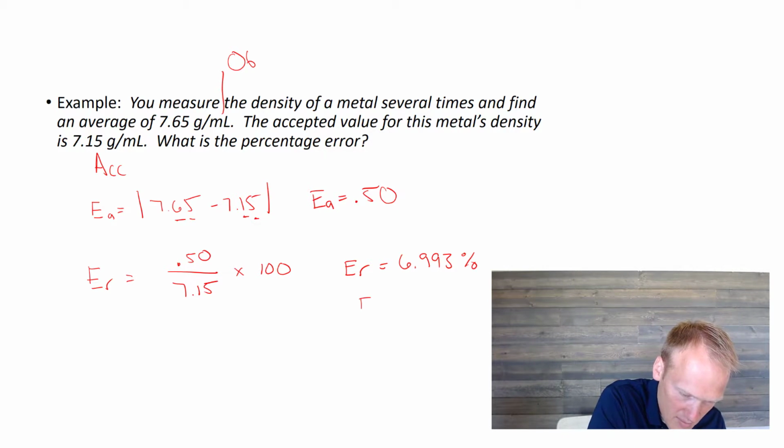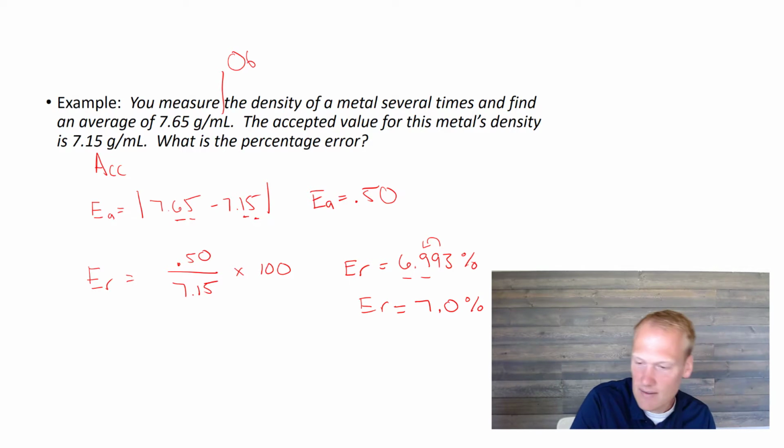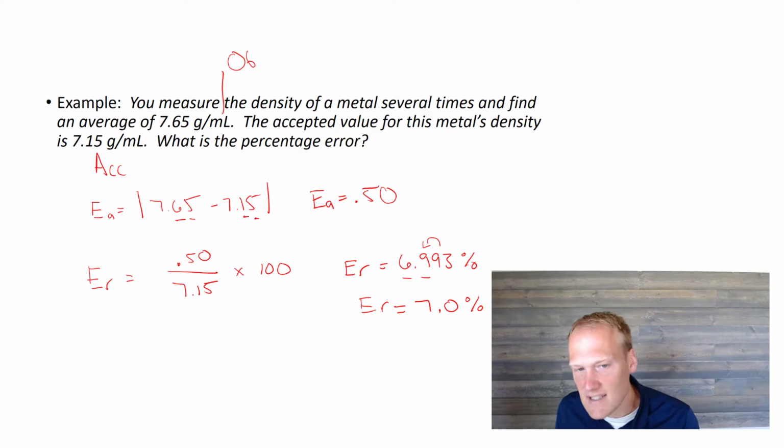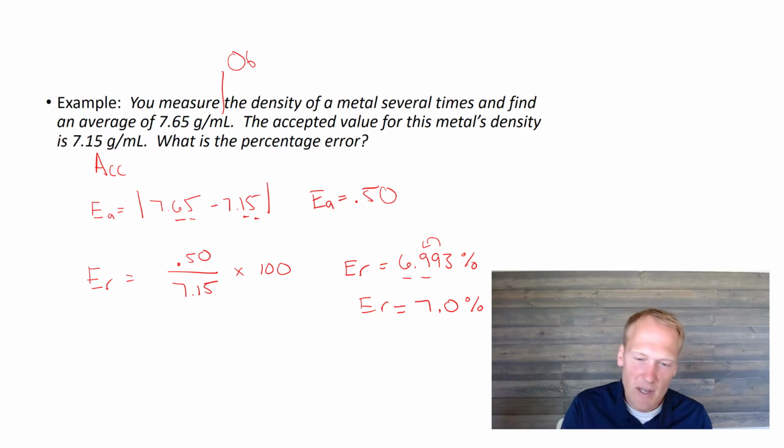So the 2 sig figs are the 6 and 9, the 9 rounds this up, and the relative error becomes 7.0%. Notice that as I'm doing this, the math, I'm sure you can handle the math. It's knowing how to round and basically paying attention to your sig figs at all steps.